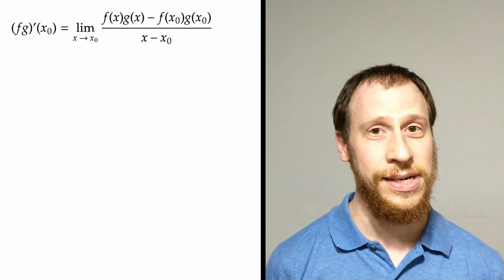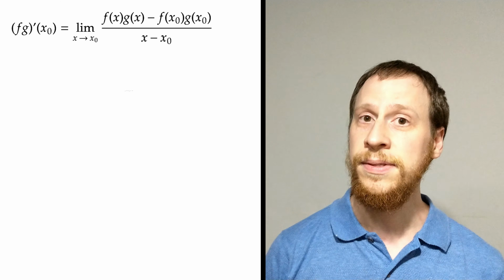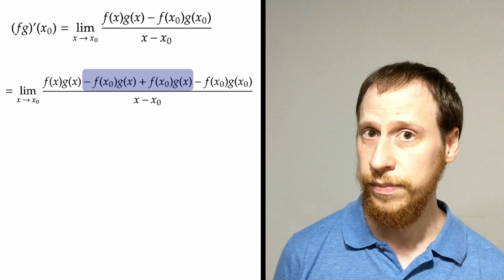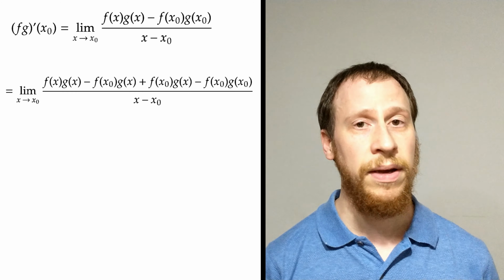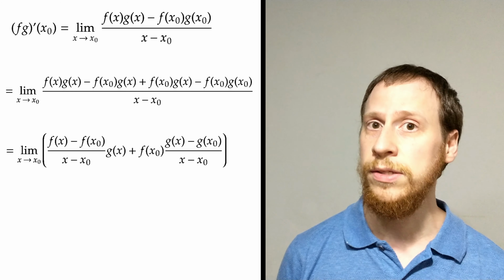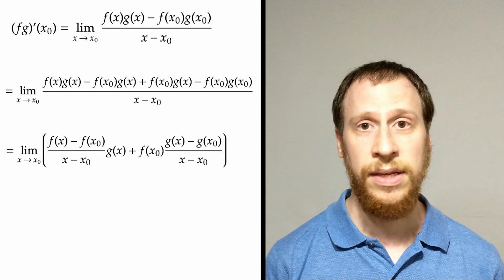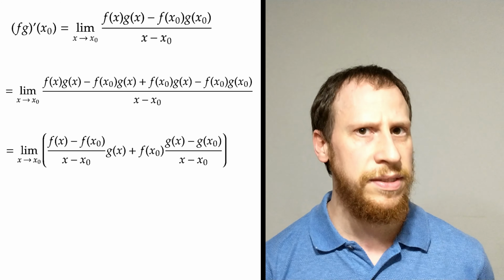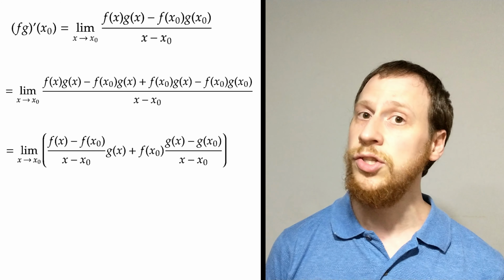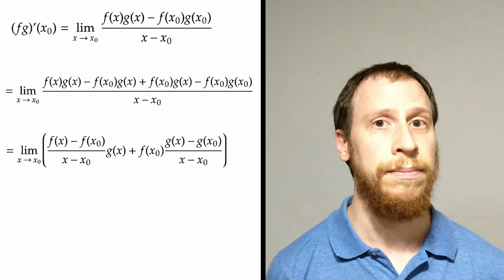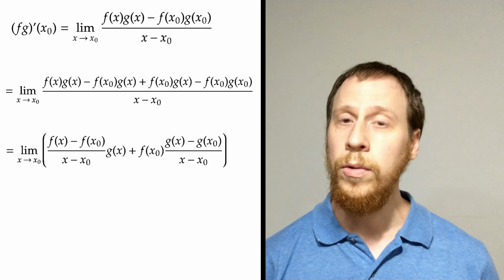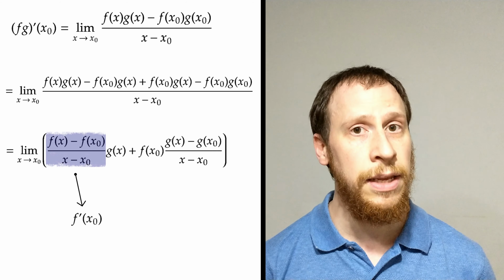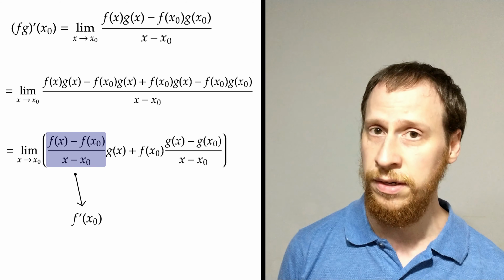We write down the derivative limit and add and subtract the term f of x0 times g of x, and rearrange this to have the limit of f of x minus f of x0 divided by x minus x0 times g of x plus f of x0 times g of x minus g of x0 divided by x minus x0. Now, since f is differentiable at x0, this limit goes to f prime of x0.